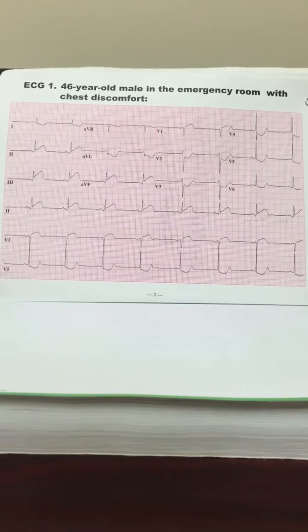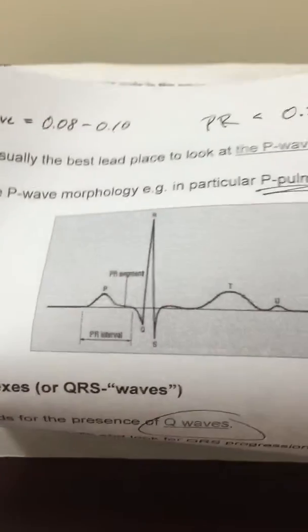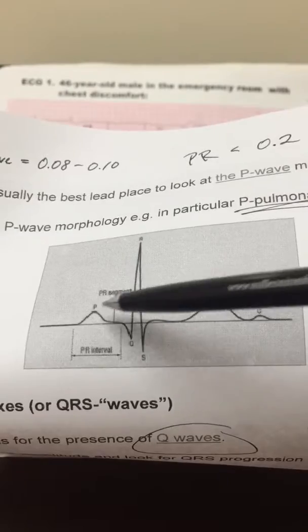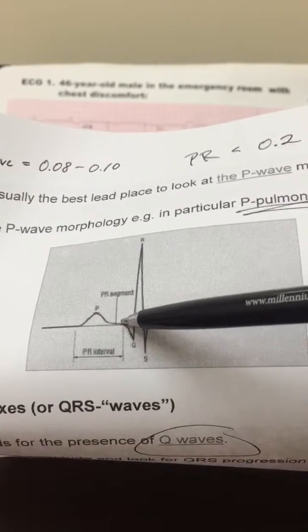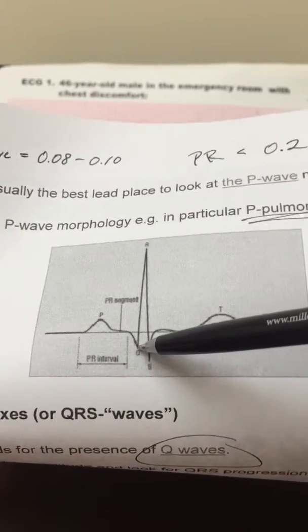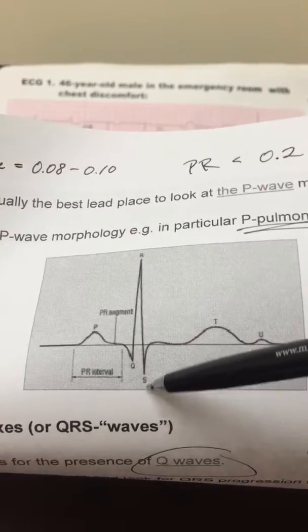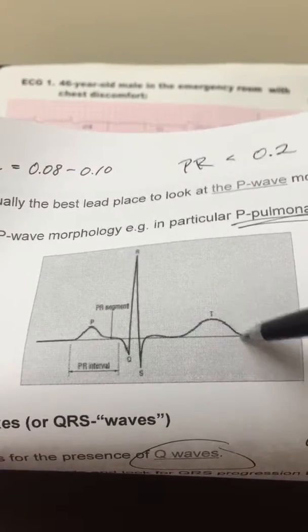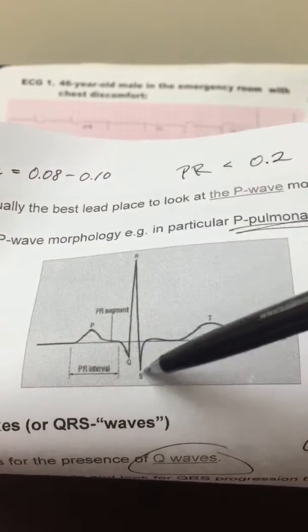Q waves are the first wave in the QRS complex. Here we have the P wave, which we've been discussing, then the first dip will be your Q, then R, S, and then we'll get into this later, the T and the U wave. But we're focusing on this.